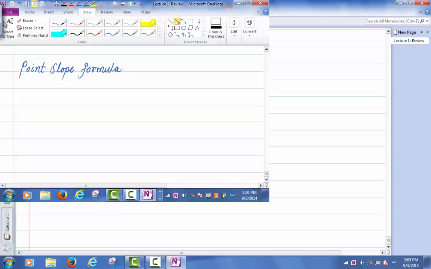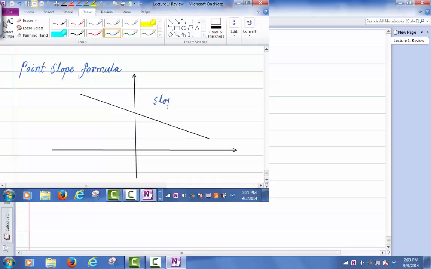Well, again, let's say I have the xy plane, and let's say I have a straight line which looks like this. And let's say this line has a slope m, and we are given that this line goes through a given point (x0, y0).